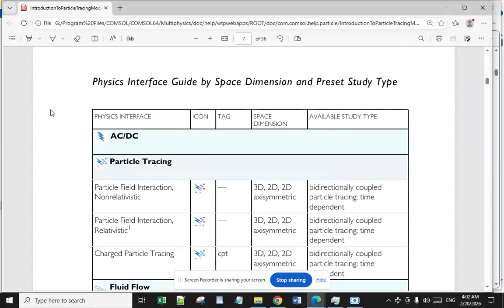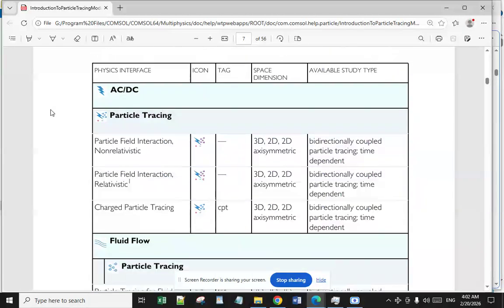Physics interface guide by space dimension and preset study type. The particle tracing physics name, and another physics name is Particle Field Interaction, nonrelativistic, for two-dimensional axisymmetric, two-dimensional, and three-dimensional.